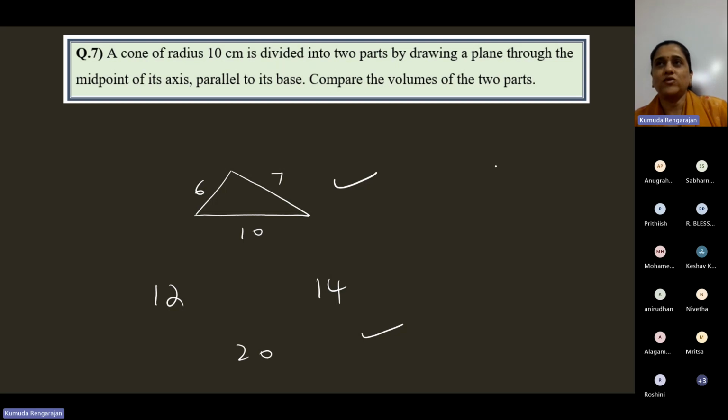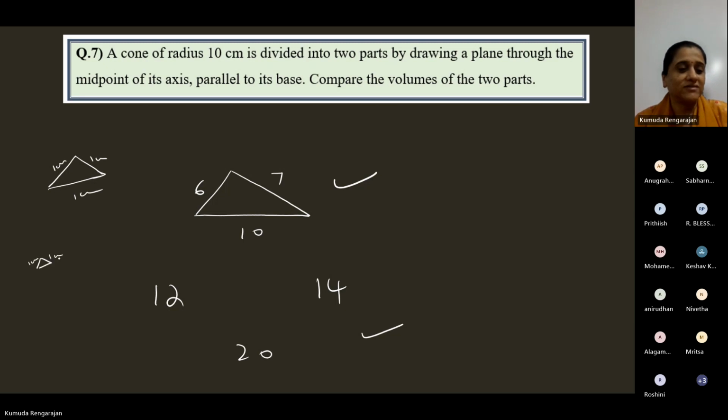If you feel why the angles don't get doubled, you can just tell yourself this. Supposing this is a small equilateral triangle, say sides 1 centimeter, 1 centimeter, 1 centimeter. What will be the measure of each angle of this equilateral triangle? 60 degrees.